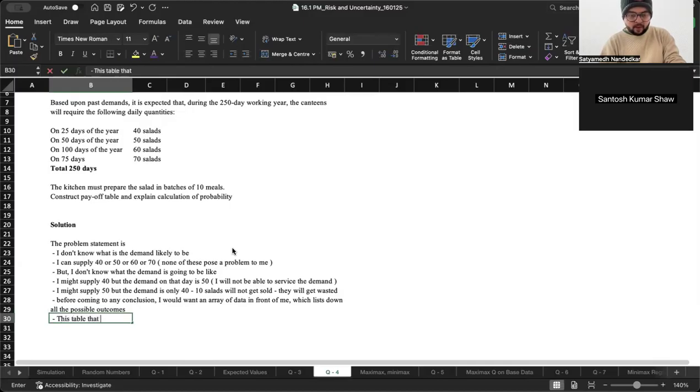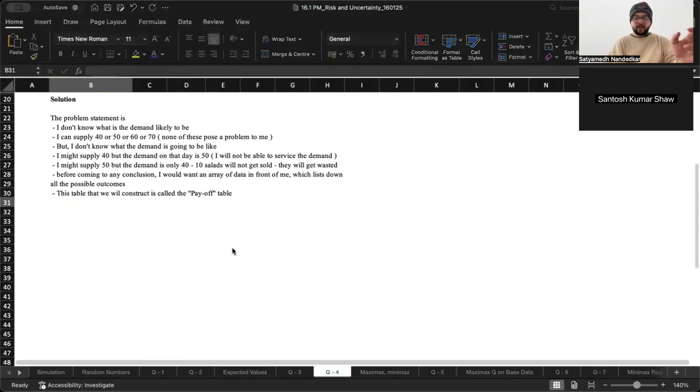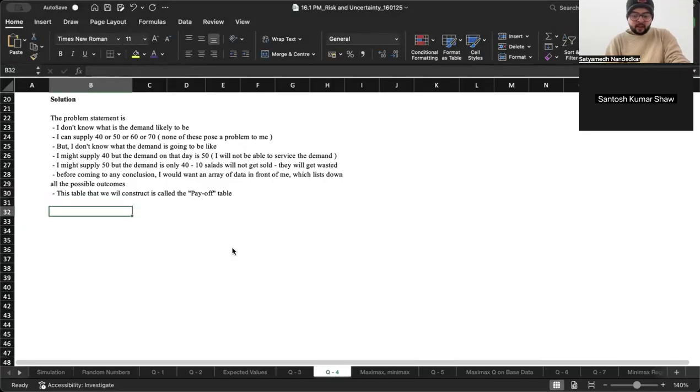This table that we will construct is called the payoff table. ठीक है, अब ये payoff table when you are constructing, the question is how to construct the table. Ask yourself the question.